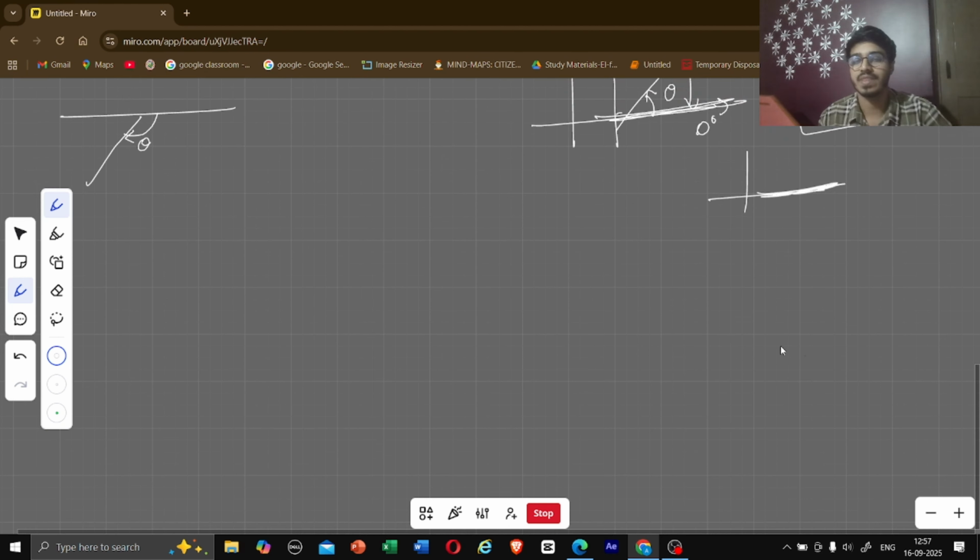Now, if two lines L1 and L2 have the same theta, the same angle, see, L1 has slope m and L2 has slope n.